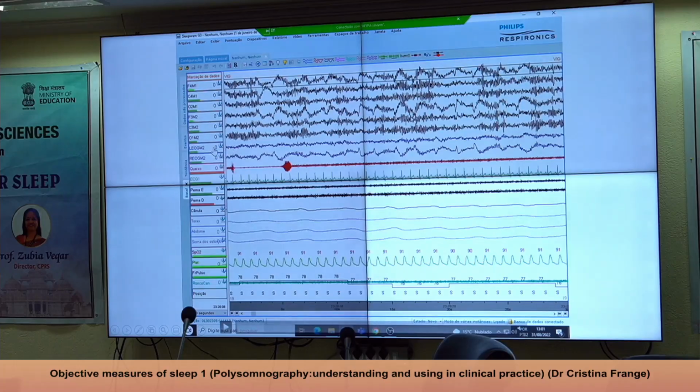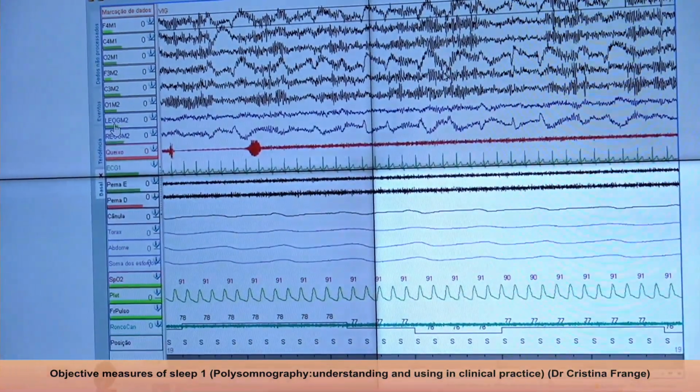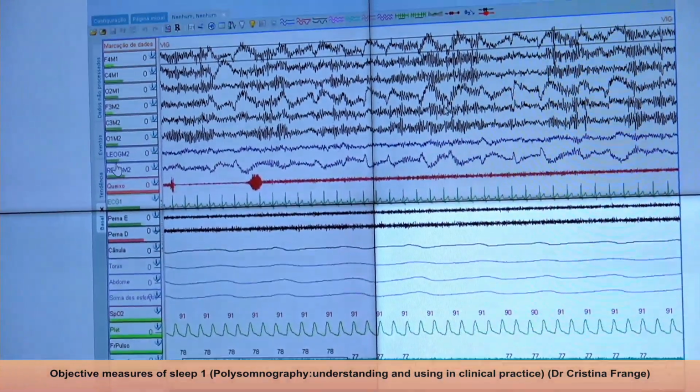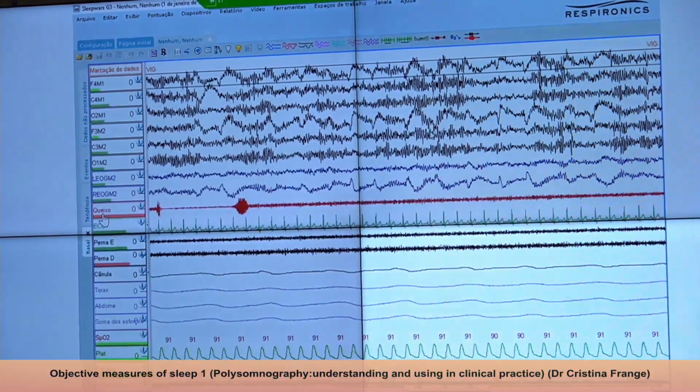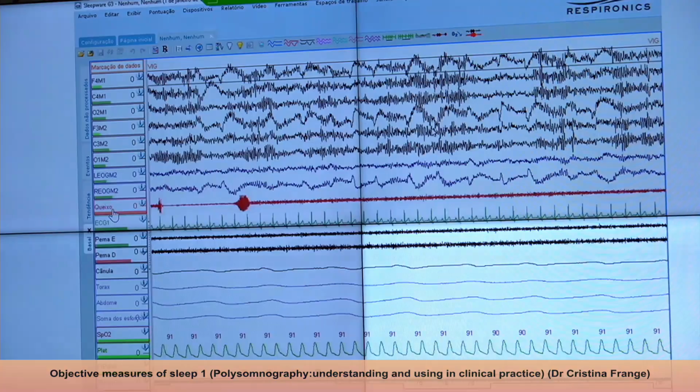Here in blue, we have the left and the right eyes, okay? You see left eye, right eye. Queixo in Portuguese means chin. So here we have the chin.